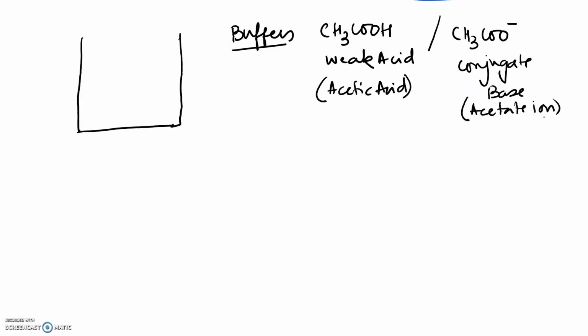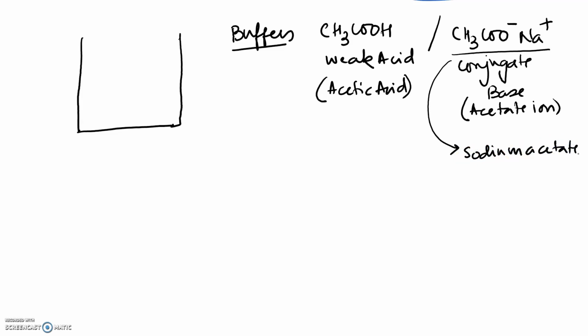Now, because usually you cannot get the conjugate base in the form of an ion alone, usually the way to get that is by taking the salt of the ion. So you take the ion with a positive sodium ion to balance the charges out, and the name of this would be sodium acetate.